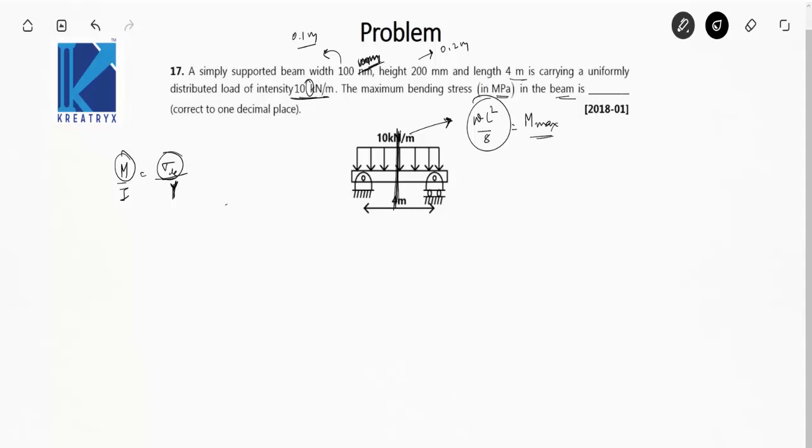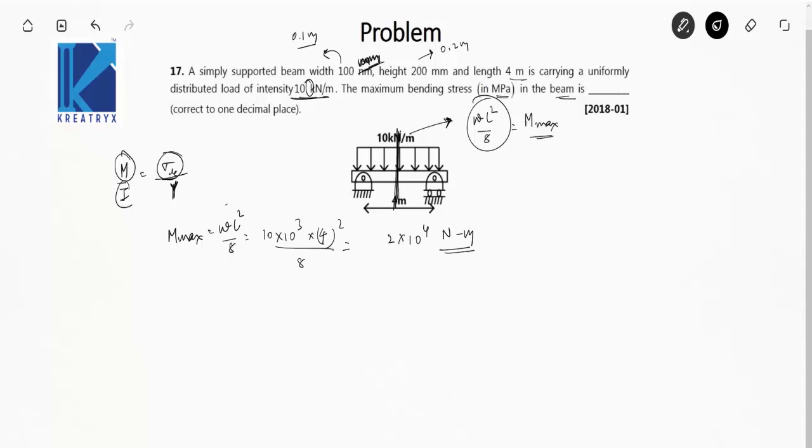M maximum is WL square by 8 and W is 10 kilonewton per meter, that is 10 into 10 to the power 3 Newton. L square, L is the length of the beam, that is 4 meters, upon 8. So this comes out to be 2 into 10 to the power 4 Newton meter.